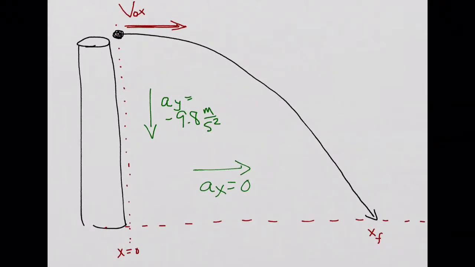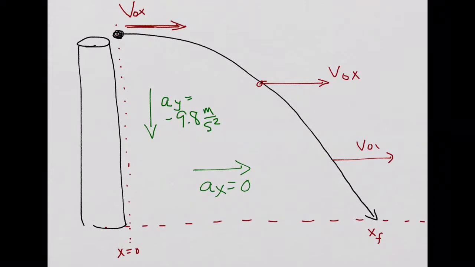That means the ball is always traveling at the same speed in the horizontal direction, so at any given point it has a horizontal velocity of v0x. I don't know that value, but I do know that it's the same as when it started.